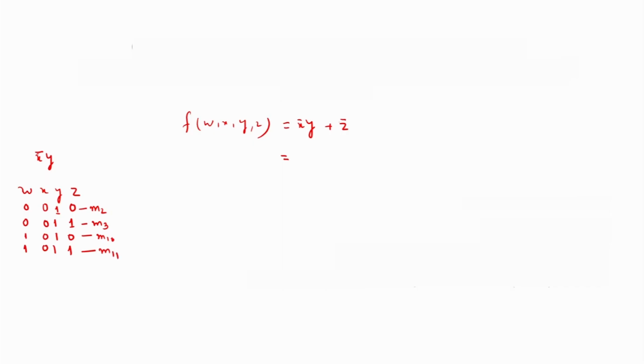Another term is z complement. Again we write the sequence of Boolean variables w, x, y, z, in which the value of z is fixed, that is 0. What are the possible values of w, x, y, z? They are 0 0 0 0, 0 0 1 0, 0 1 0 0, 0 1 1 0, 1 0 0 0, 1 0 1 0, 1 1 0 0, and 1 1 1 0, where the value of z is fixed at 0 in every min term.